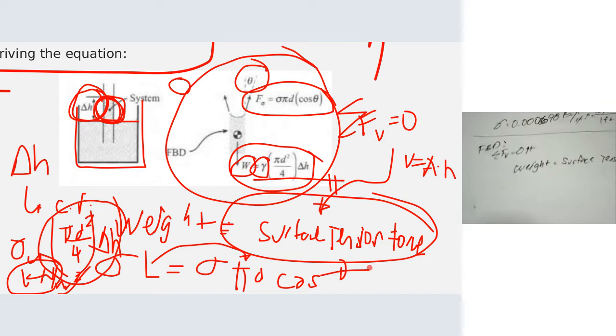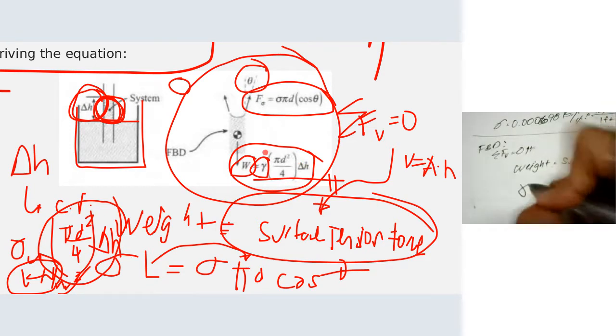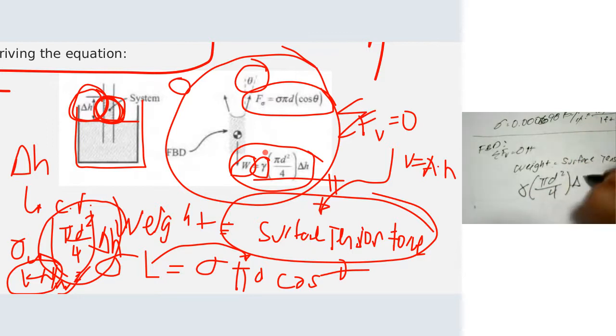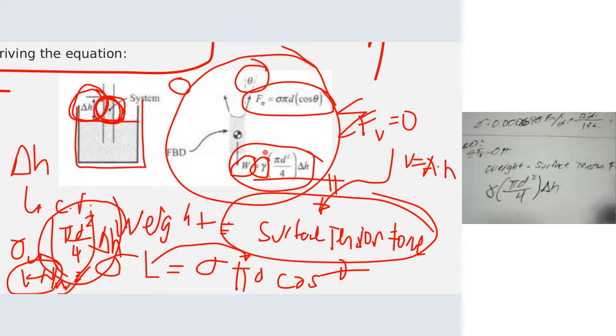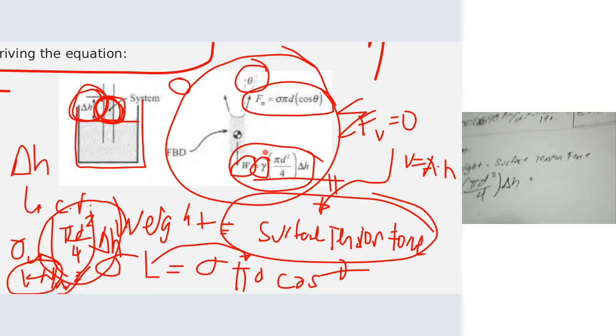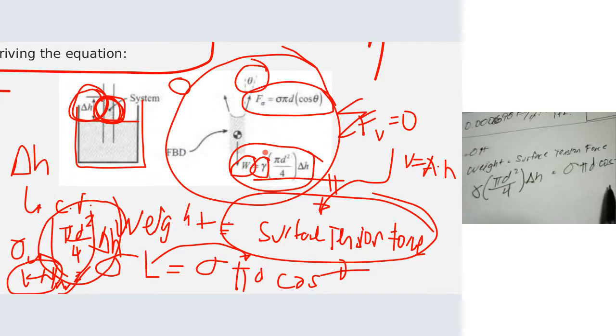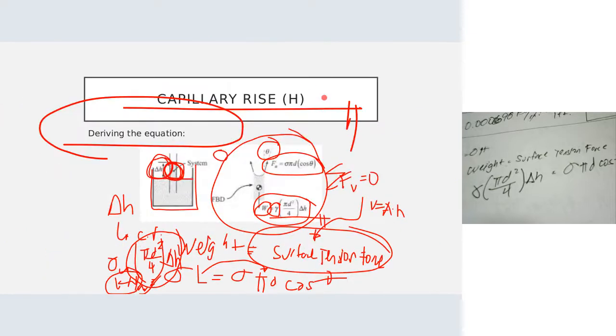Well, for the weight, it is gamma times pi d squared over 4 times delta H. And this is equal to gamma, or sigma, sorry. Sigma times pi d cosine theta. Now, ang gusto nating malaman is yung capillary rise.